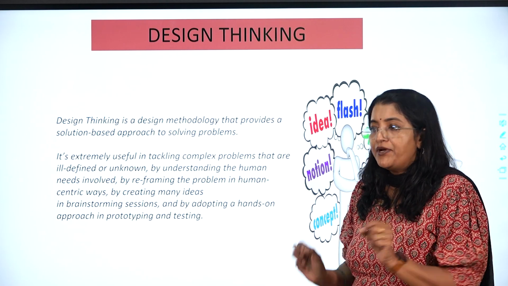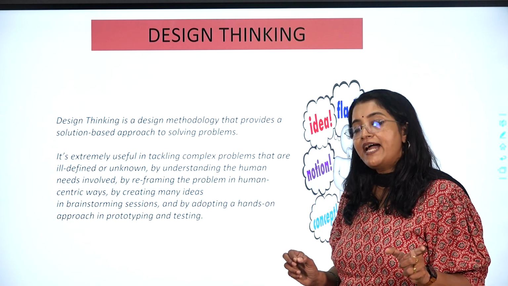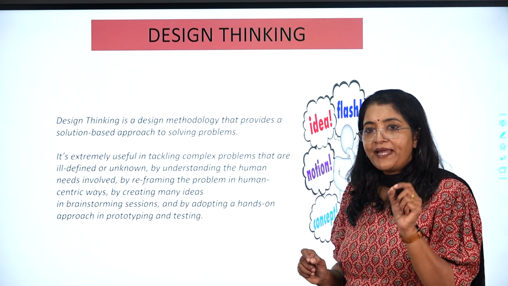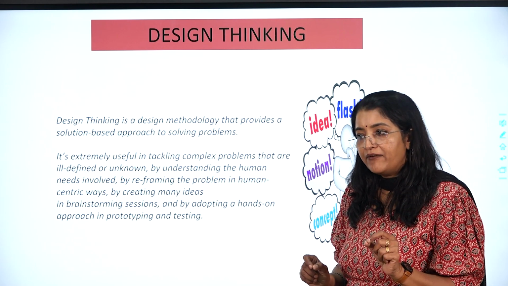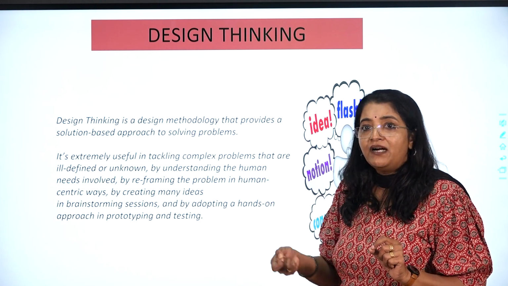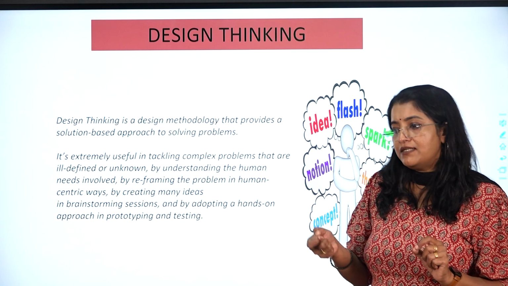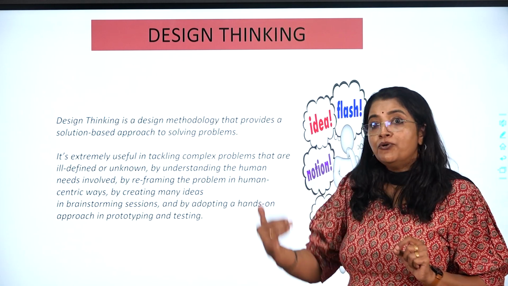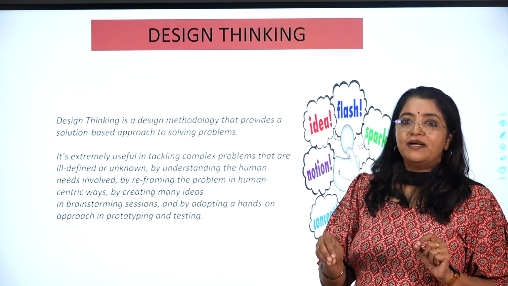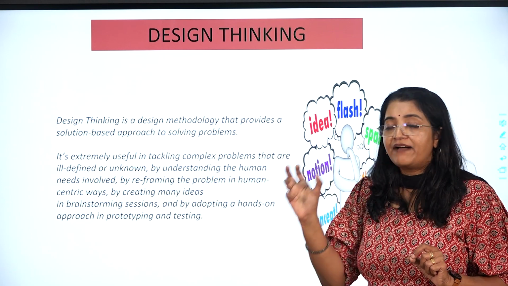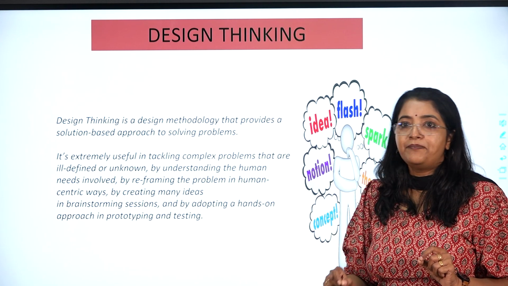So basically, design thinking involves human-centered design in which you try to solve problems. Now, how do you solve the problems? For that, we need to understand the basic complex problems that humans might have. How do you identify the problems? Through understanding the problems of the customer or the person under observation. You have to be empathetic towards that person and understand what the person feels when they are in a particular situation.